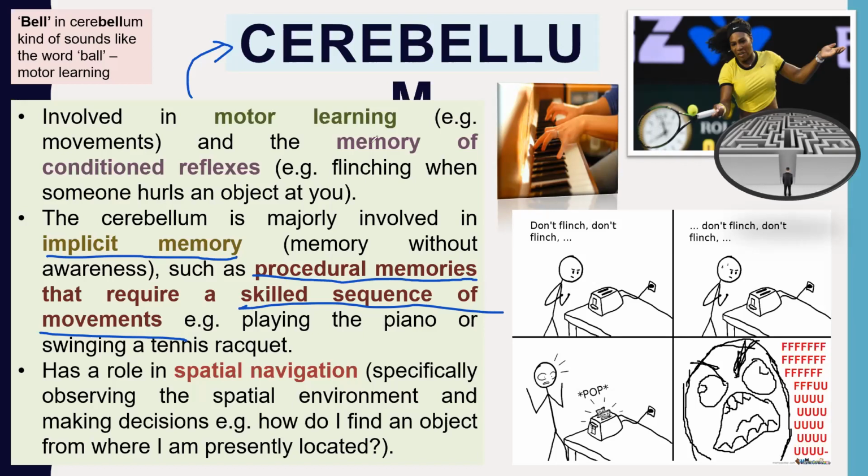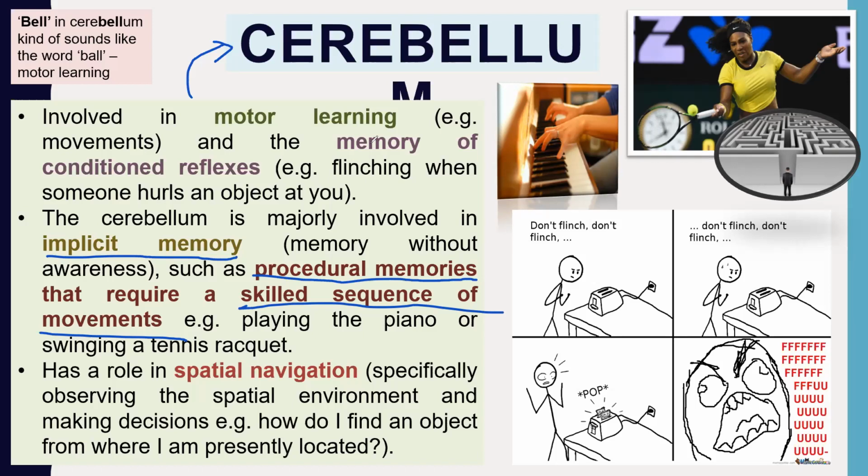The cerebellum doesn't really have a role there. Only with reference to implicit procedural memories does the cerebellum come into play. But with reference to classically conditioned memories, it's the amygdala that actually encodes or consolidates that emotion into that memory.